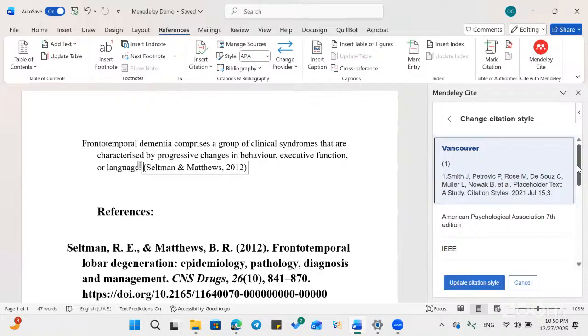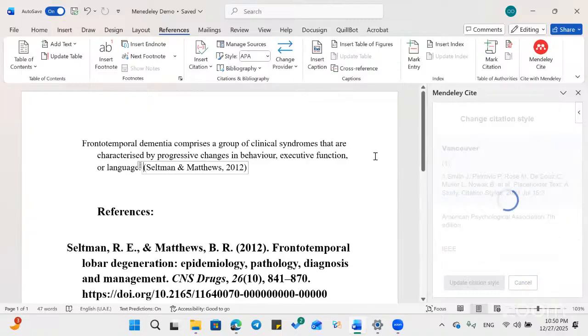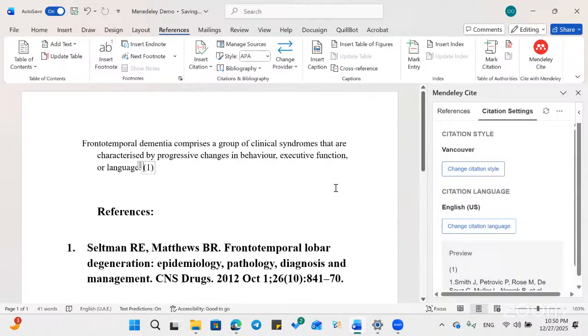For example, if you want to submit your paper to a journal and it requires you to change your citations to a specific style, it's an easy process. When you are using Mendeley, you just update the citation style, and you can see it has been updated for the document.